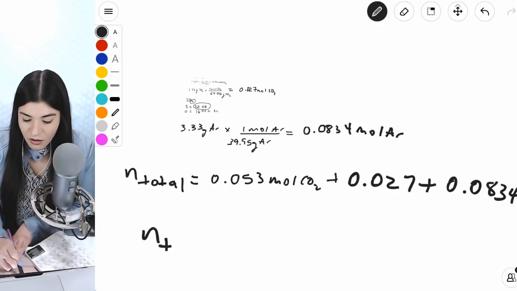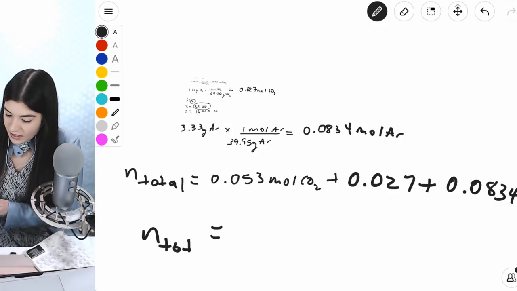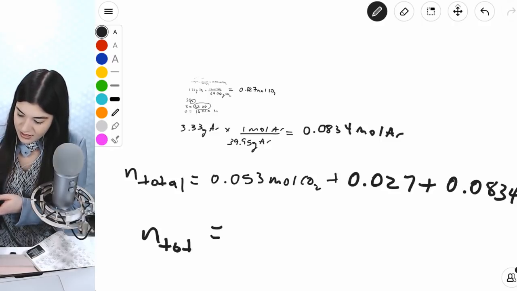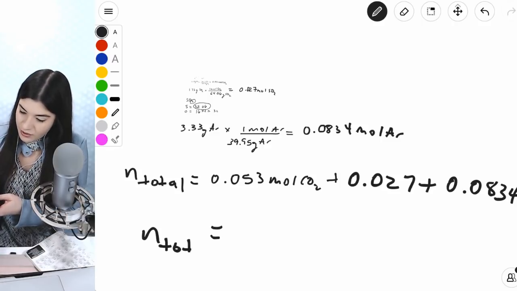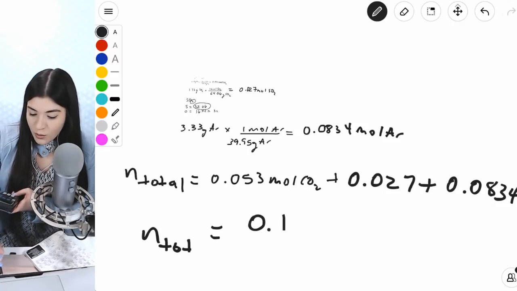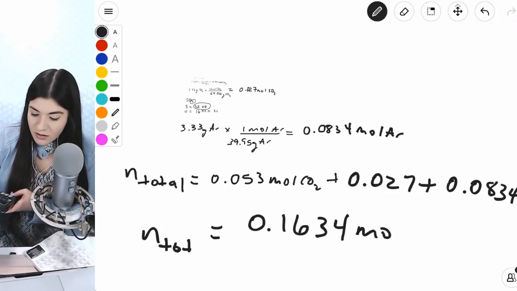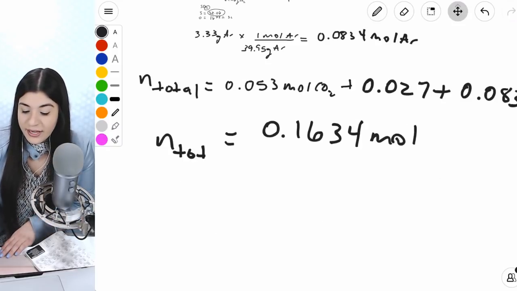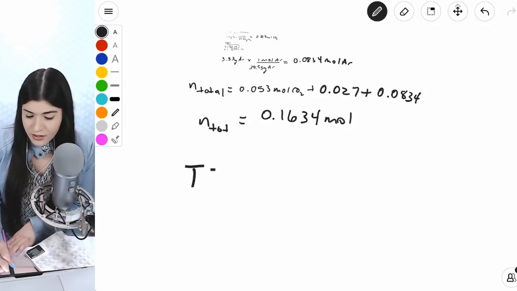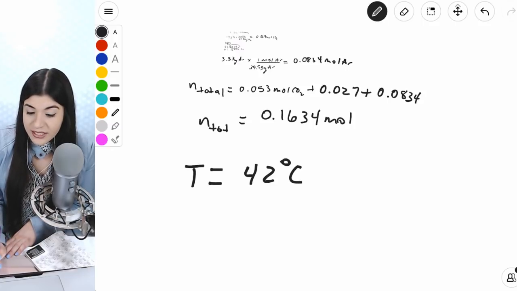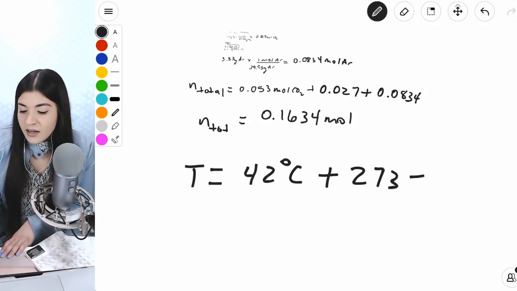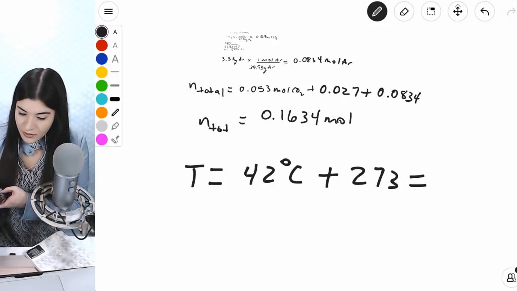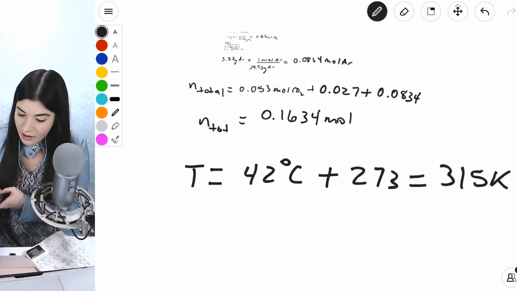Okay, so let's add all of those together and see what we get. 0.053 plus the 0.027 plus that 0.0834. And then our total amount of moles is this value. And then one more thing to do, we have to convert our temperature to Kelvin. So our temperature was initially 42 degrees Celsius. I'll add 273, and that'll convert it to Kelvin. So this would have been 315 Kelvin.